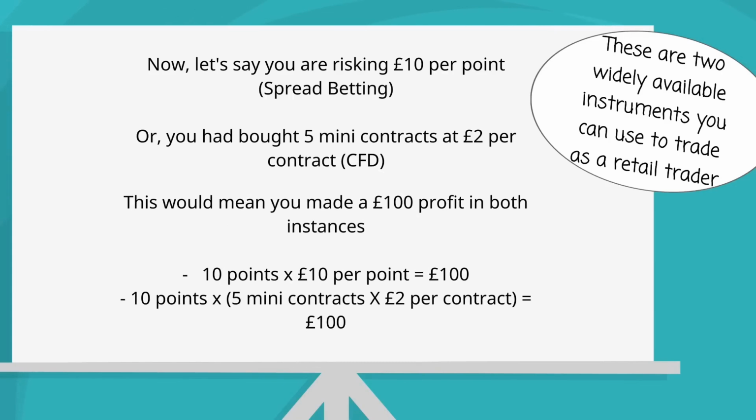A 10-point increase, 7,000 to 7,010, multiplied by your £10 per point is equal to £100 profit. Or the 10 points increase multiplied by 5 mini contracts, which cost you £2 per contract, is equal to £100 also, because it's 10 multiplied by 10.